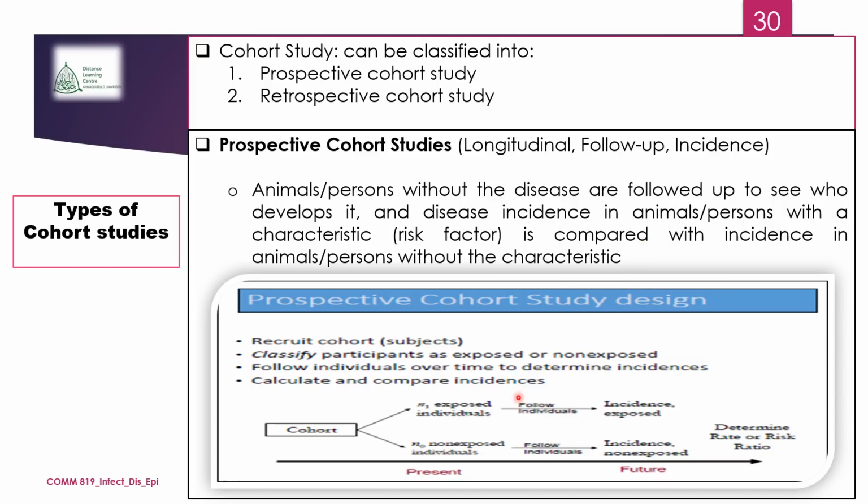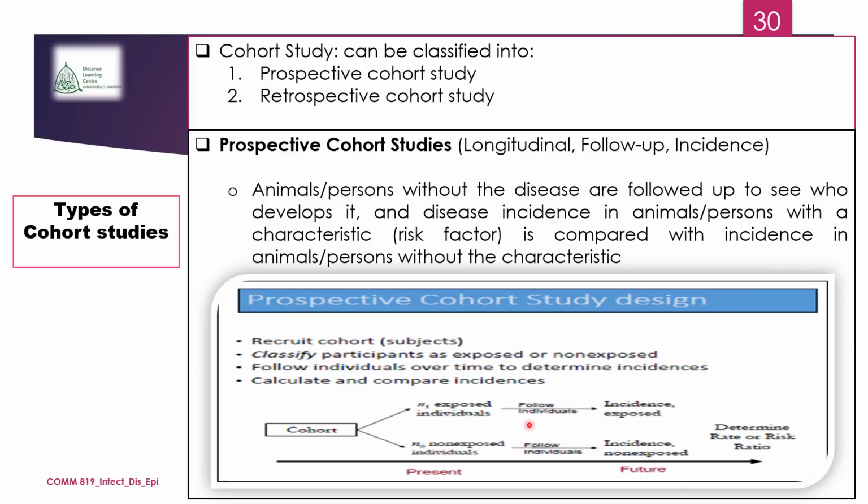So in simple terms, it starts in the present and you're trying to see what happened in the future. That is prospective. You recruit your cohort, you classify participants as exposed or non-exposed.